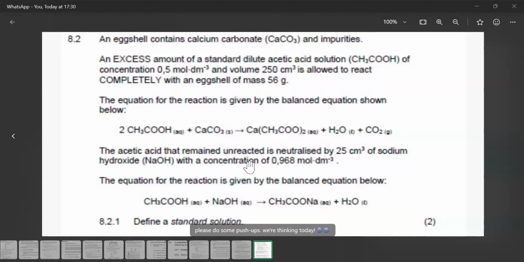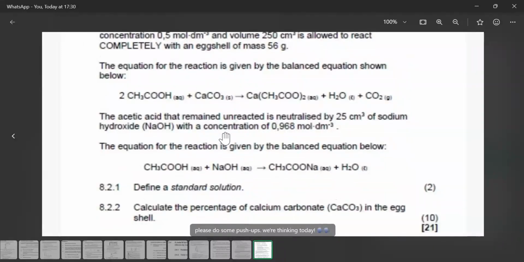And then we'll take this remaining acid and react it with sodium hydroxide. But what is the question asking from us? The question says, calculate the percentage of calcium carbonate in the eggshell. It's still the same as calculate the percentage purity of calcium carbonate in the eggshell.